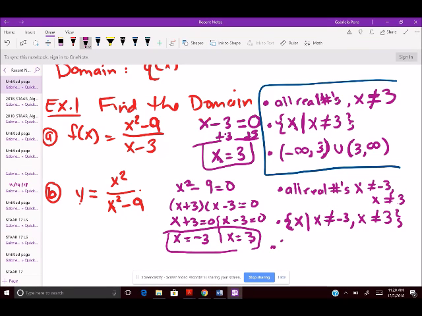And then the other one would be -infinity to who? -3. Union -3 to who? 3. Union 3 to infinity. So those would be your 3 parts. So all those, once again, mean the same thing.